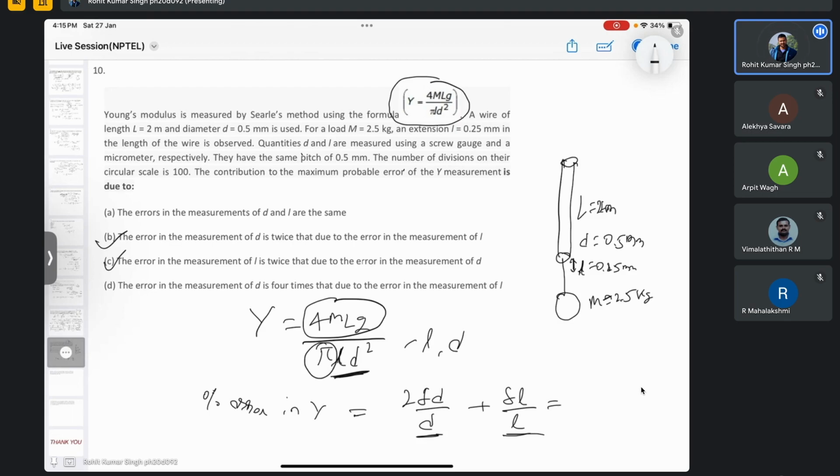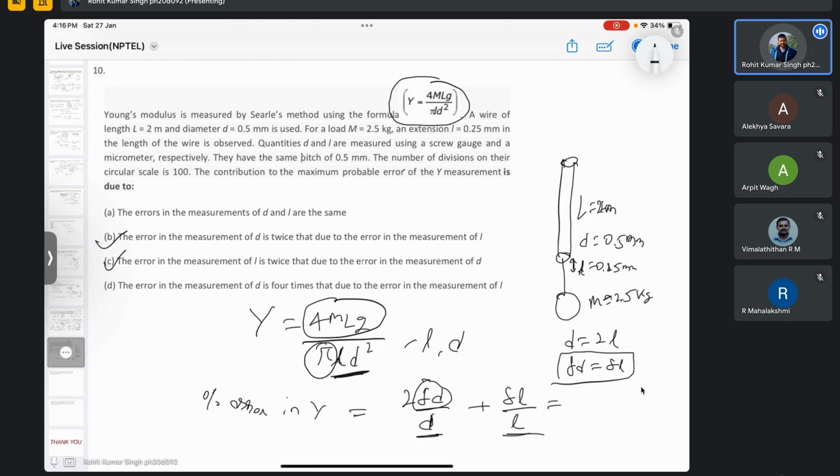No. First of all, you have to see the error does not only depend on the error in the measurement, it also depends on the measured value itself, because it's a relative error, it's not an absolute error. So when you put everything here, because here D is 2 times L, right? And delta D is equal to delta L, because both have same pitch and same circular scale division.